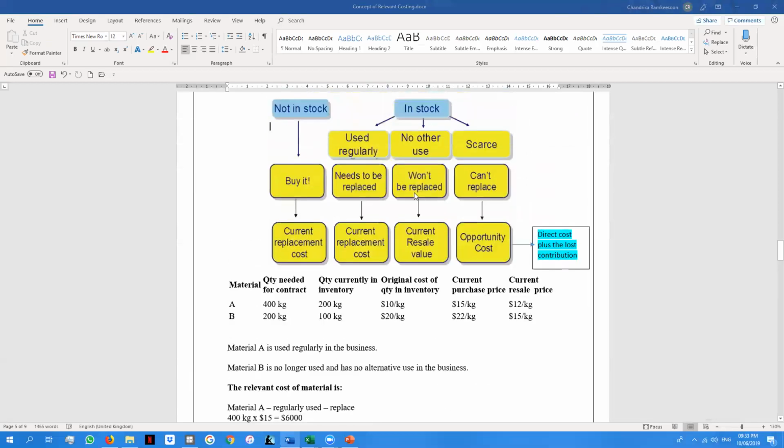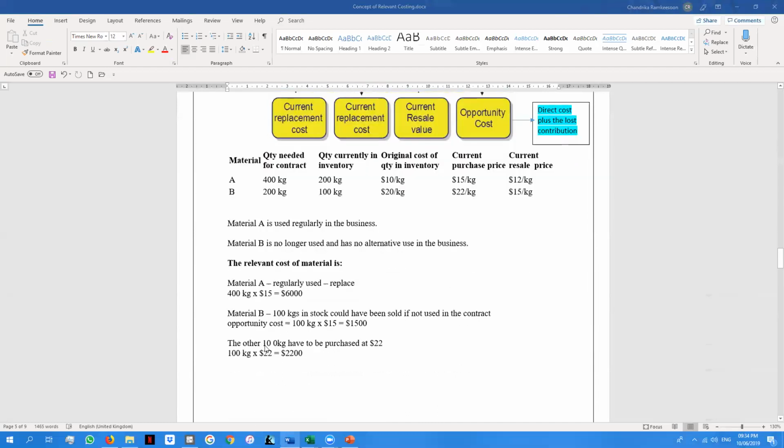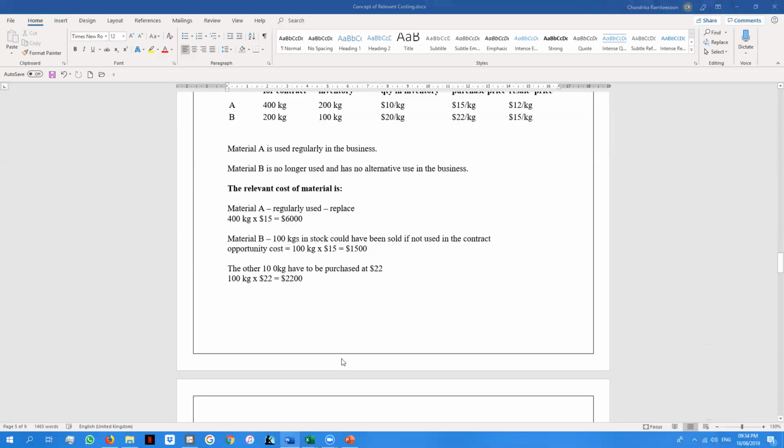This one, no other use, current resale, which is scrap, and this one, because after using up the 100, the other 100 is not in stock, so we're going to have to buy it. Other 100 have to be purchased at 22, which is the current purchase price, 2200. The total relevant cost is therefore 15 plus 22, which is 37.